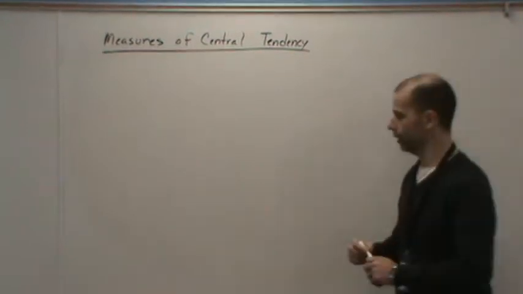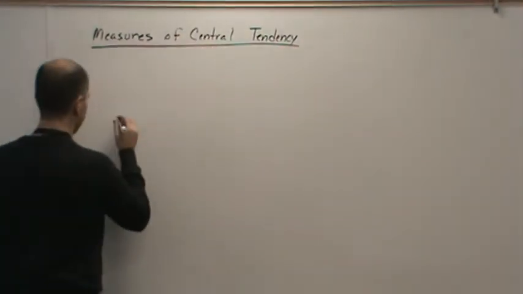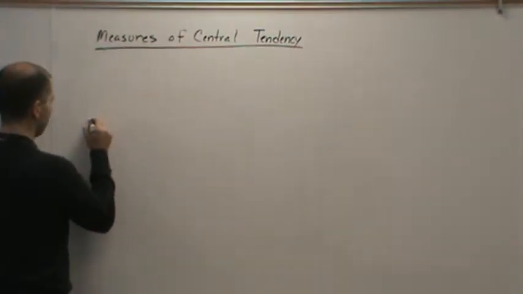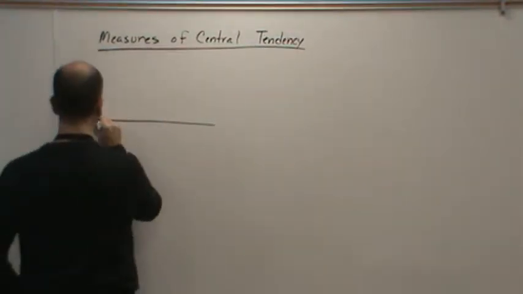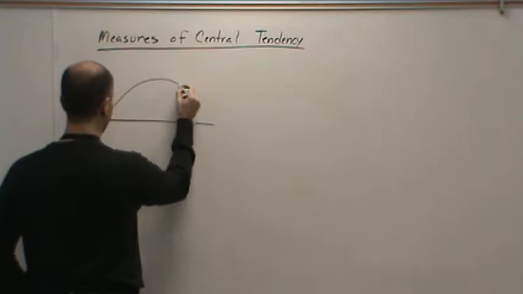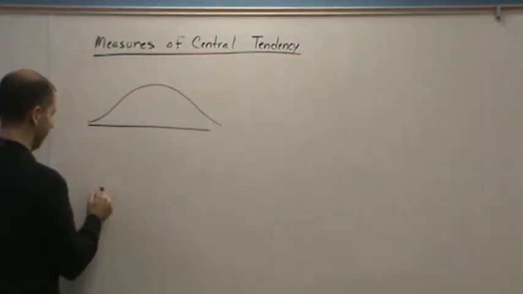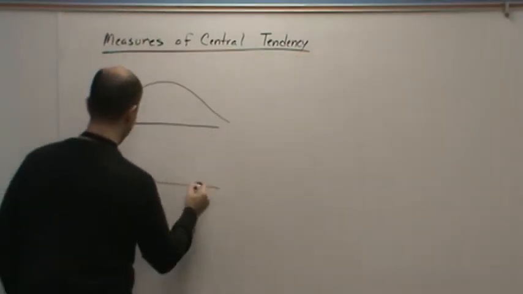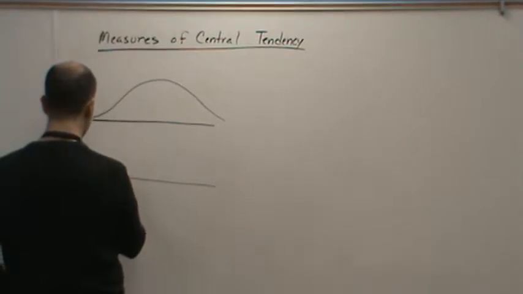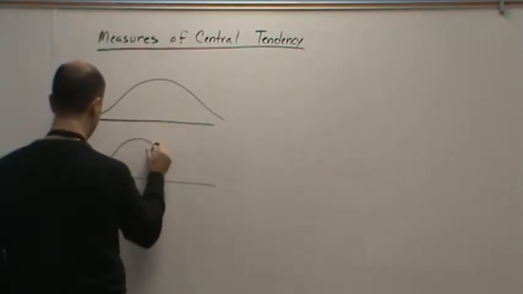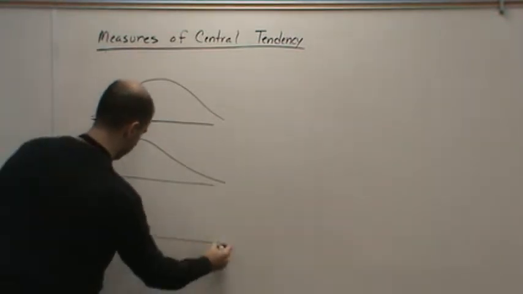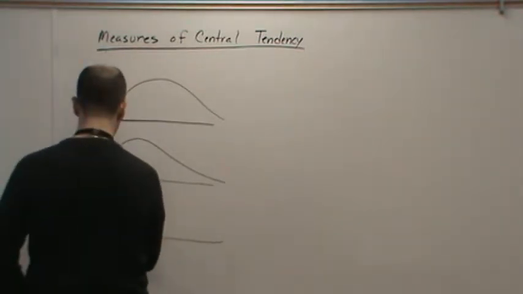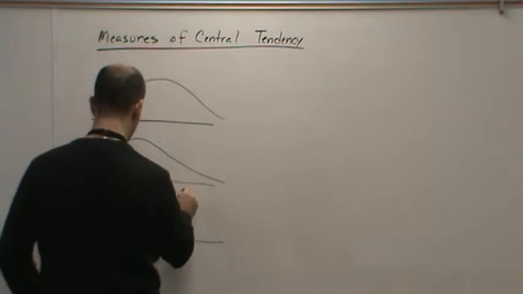So remember, we had 3 different distributions that we could talk about. Well, there are 4, but we're going to talk about 3. So we have symmetric. Okay. We have skewed right. And then we have skewed left.